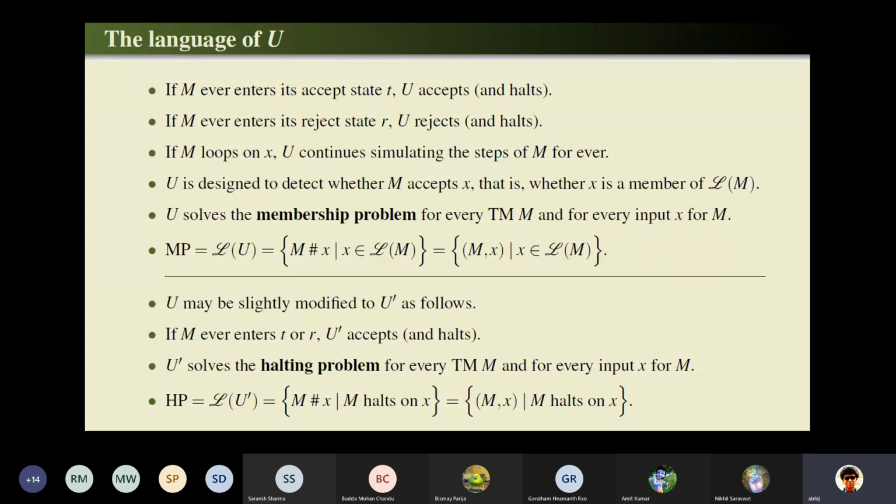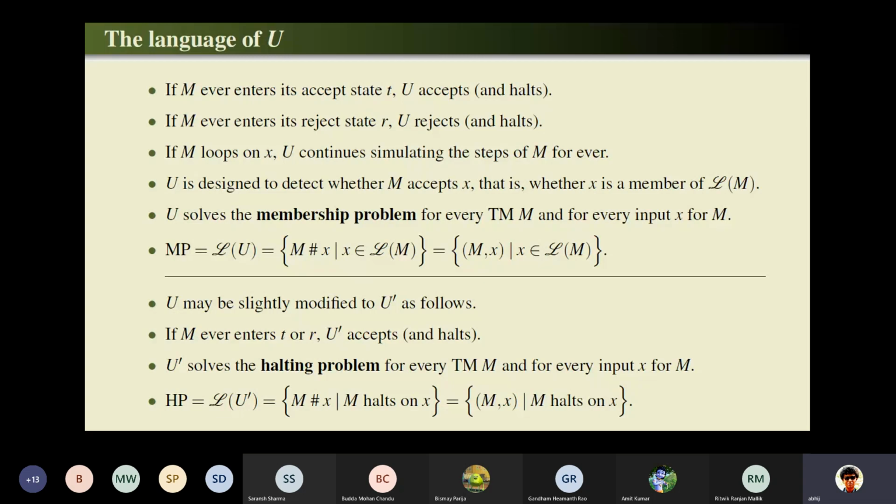Okay, so we now have two problems or two languages, MP and HP. Because these languages are languages of Turing machines, they are definitely recursively enumerable. So MP and HP are recursively enumerable.